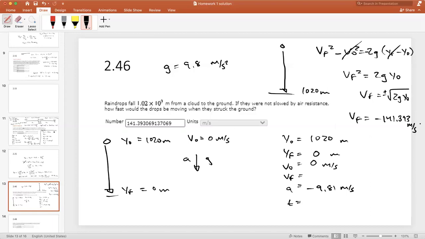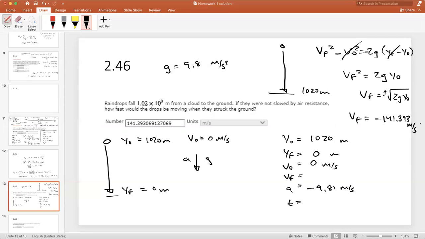It is negative. I don't know why. I guess because all they said here was how fast would it be going. So keep that in mind. This problem did not tell you that it started from rest. And this problem in Wiley Plus is taking a positive velocity, even though we know that it's falling straight down.